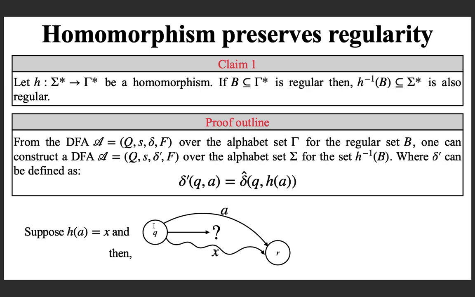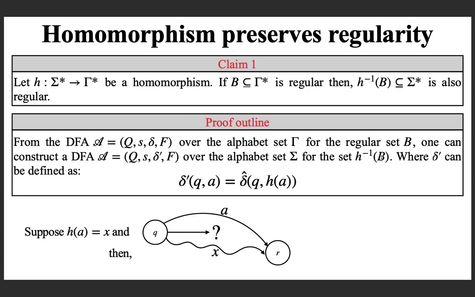Then you define the a transition like this. You can easily prove that this construction will result in a DFA which precisely represents the homomorphic inverse image of B.